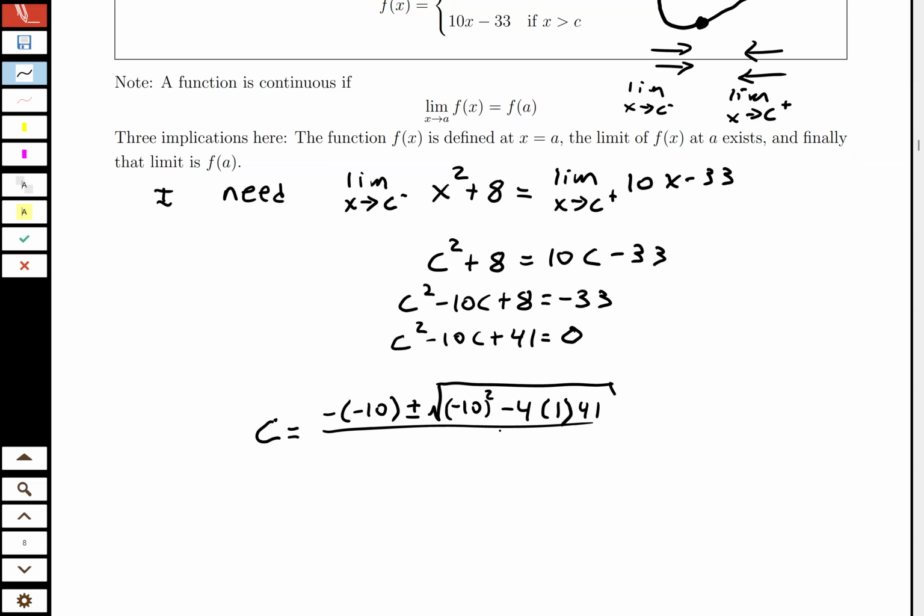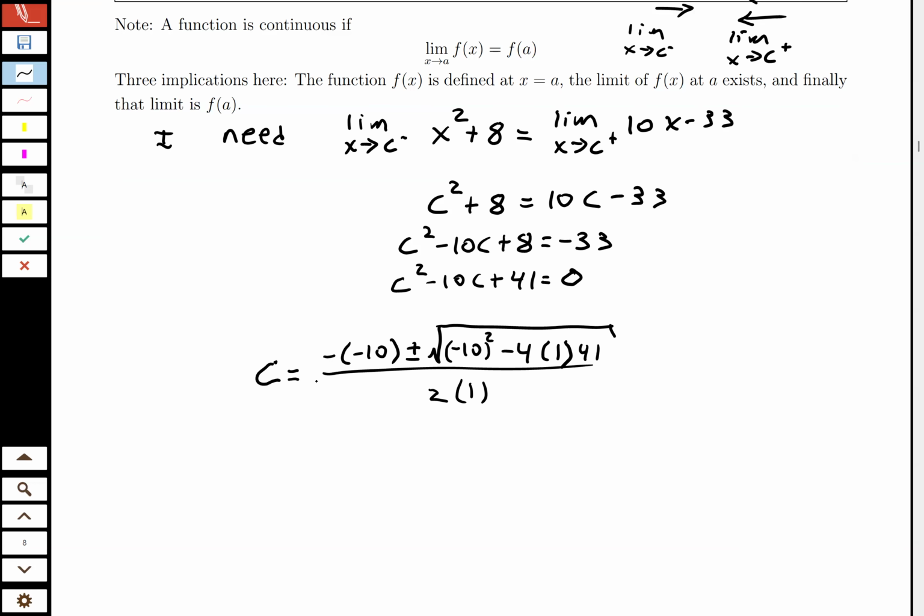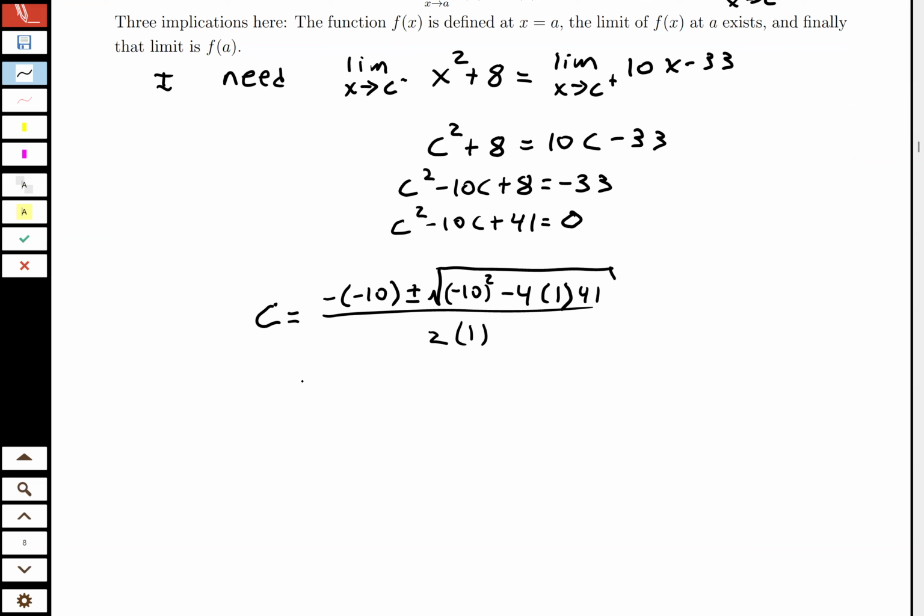And then on the bottom, I have 2a, a being the number in front of my x squared term, which is 1. So I'm plugging that in for my a, negative 10 in for my b, and 41 in for that c. And I'm going to simplify this.